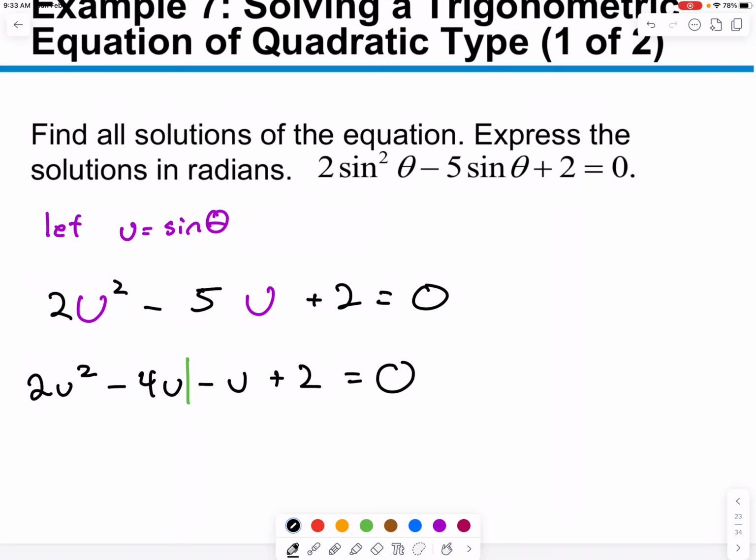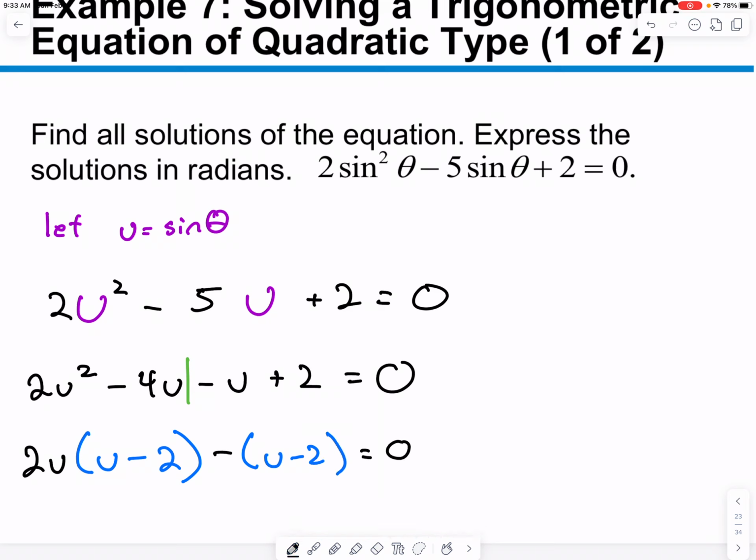So then the first two, it looks like we can factor out a 2u. It's going to leave us with a u minus 2. So if we factor out a negative from the second two, it should leave us with also another u minus 2. Again, we factored out a negative. So then using the zero factor property, we can factor out the u minus 2, and we're going to be left with 2u minus 1.